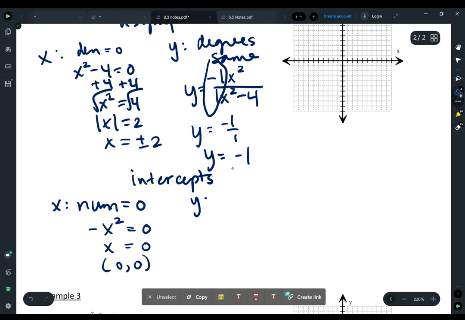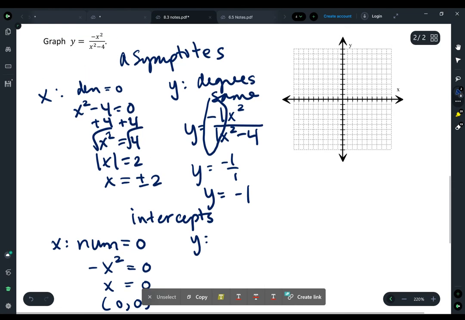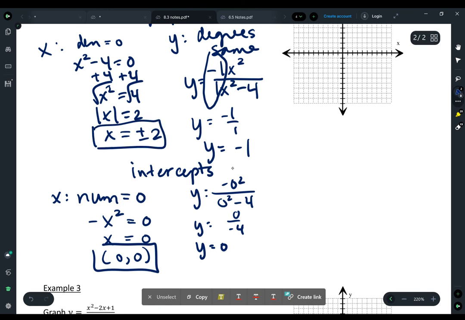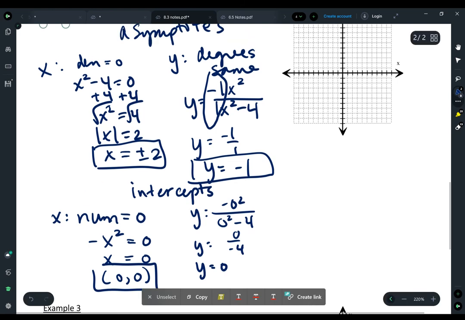And then for my y-intercept, I want to put a 0 in for all of the x's and then simplify. And hopefully you are not surprised to find that this is just really 0 over negative 4, which is just 0. Because I already said 0, 0 over here, didn't I? Okay, so our asymptotes are always equations. Our intercept is always an ordered pair.